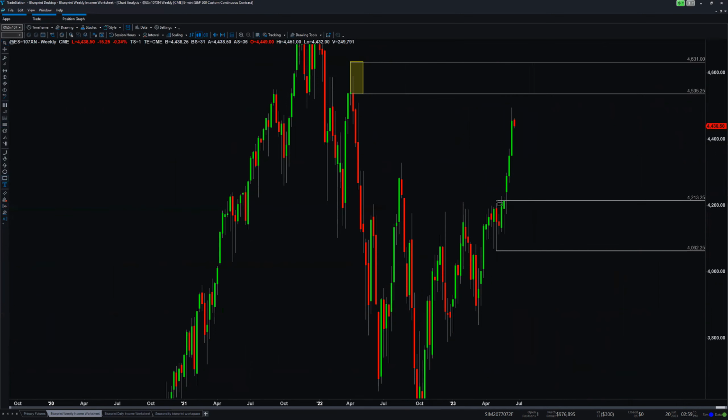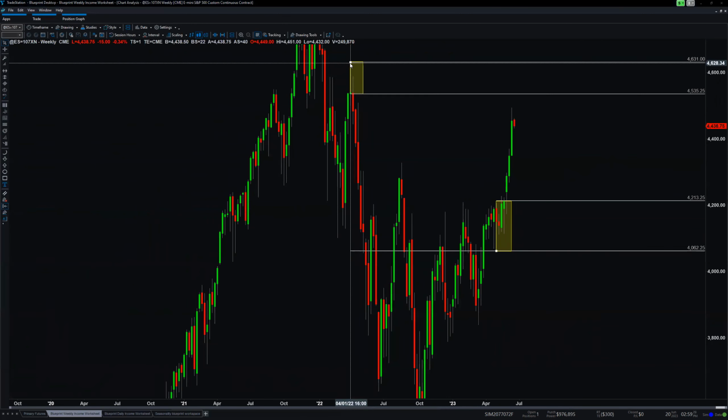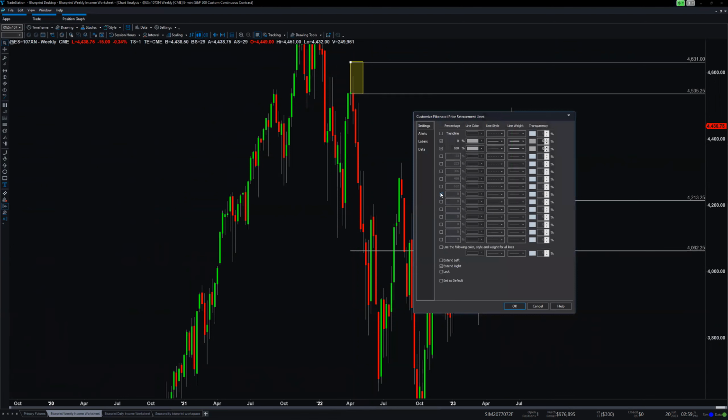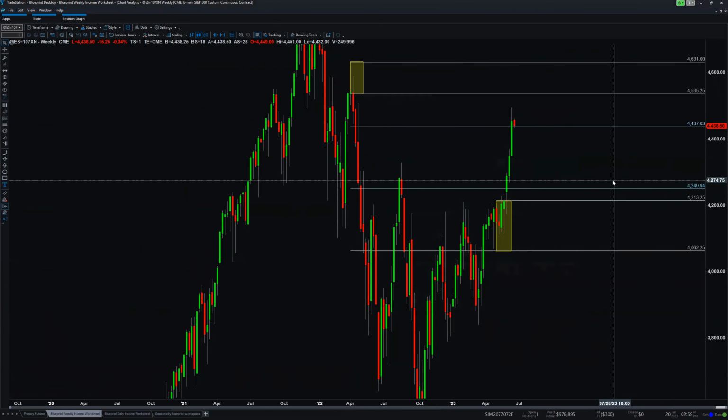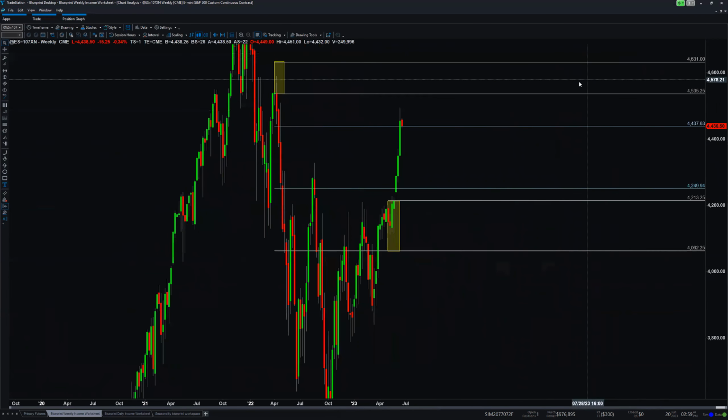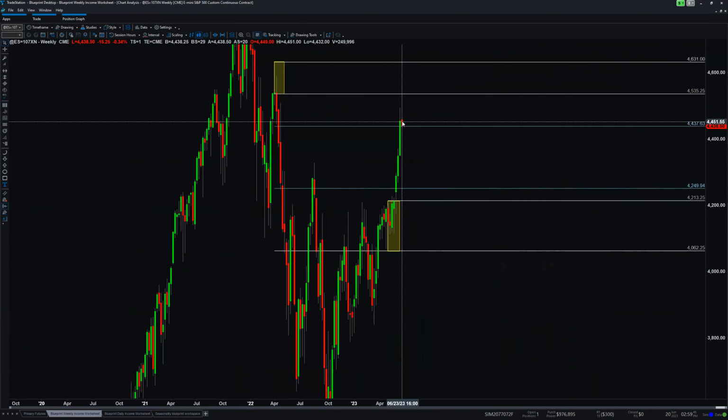It's a large demand area, but it is what it is. So we're high borderline equilibrium.